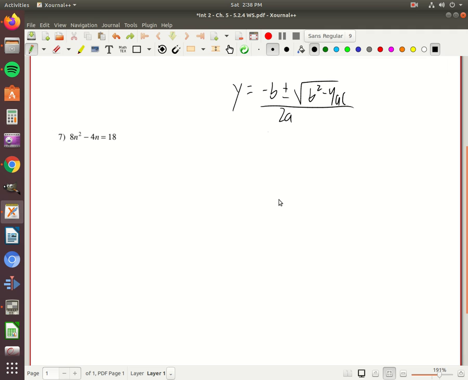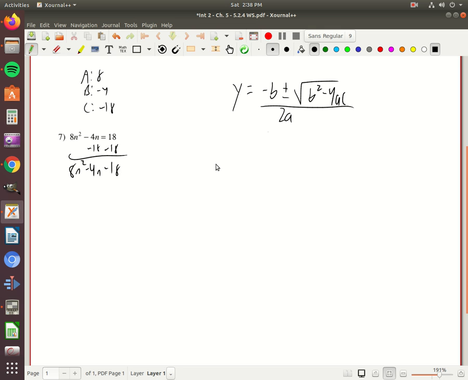Thoughts. First of all, don't forget that a lot of these do work with the diamond, but you should be practicing the quadratic formula. Second of all, what do we do if we look at something like this? Is a 8, b negative 4, c 18? It's not. You do want to have these things in standard form before you determine what your a, b, and c are. So be real careful with that.